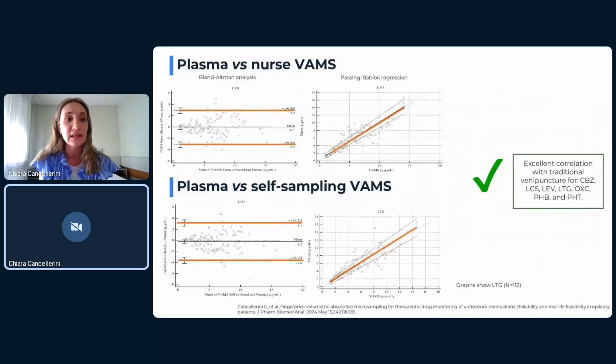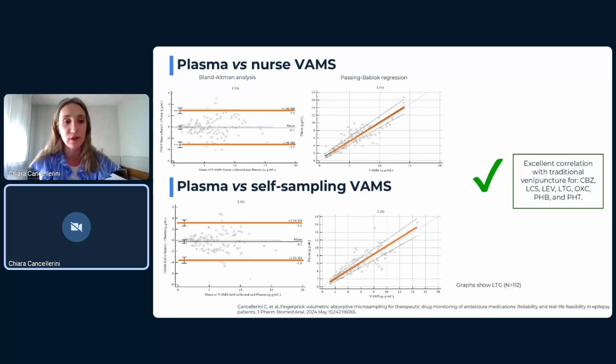So in this slide, I show the analytical validation and the agreement of lamotrigine concentration. In the upper side, we can see the venipuncture, so the plasma, versus nurse-collected VAMS. And the Bland-Altman plot shows a mean bias close to 0, meaning that the bias was practically non-systematic, with no over- or underestimation. And the Passing-Bablok regression shows an excellent linear correlation, with the regression line tracking very close to the ideal identity line.